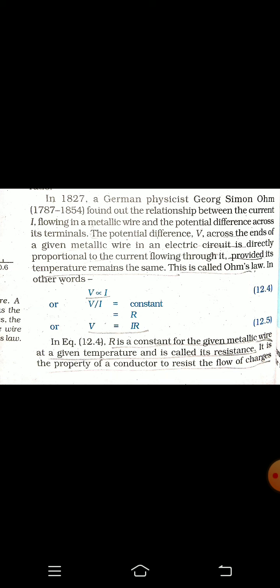Let us once again repeat it. The potential difference V across the two ends of a given metallic wire in an electric circuit is directly proportional to the current flowing through it. This much is the statement of Ohm's law.